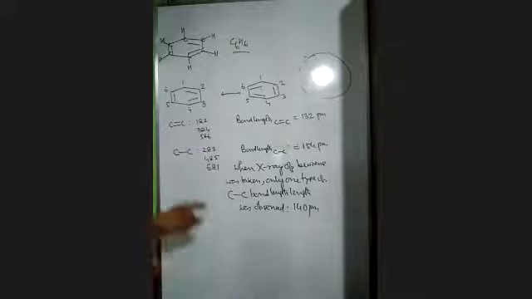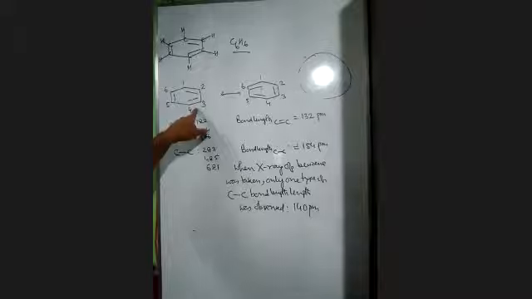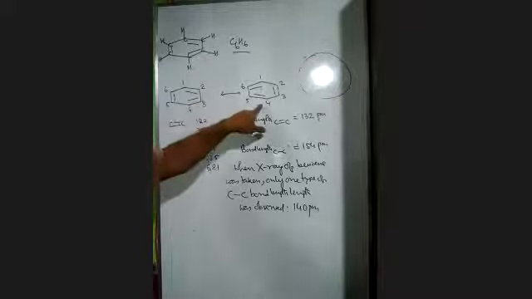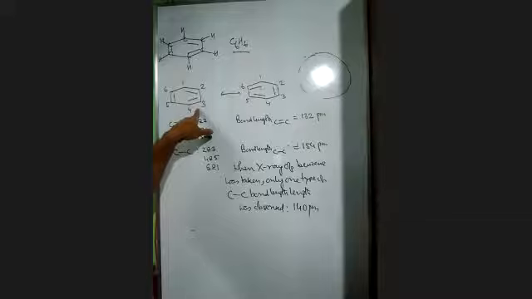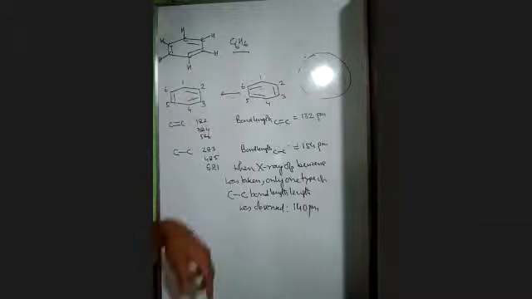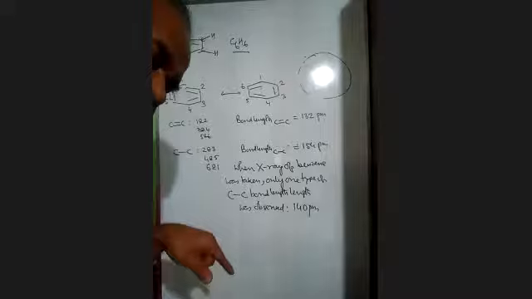We should say this structure is continuously changing to this structure, and this structure is getting into these structures. So ultimately, we get an average structure where the electrons are continuously moving. They are not rigid. And that we can explain only through resonance.